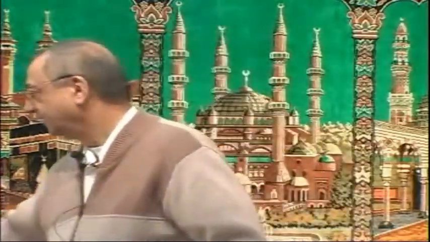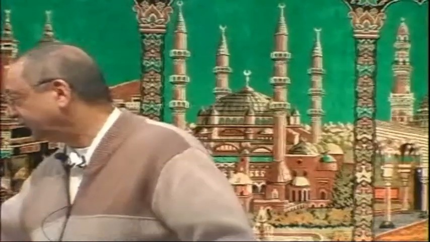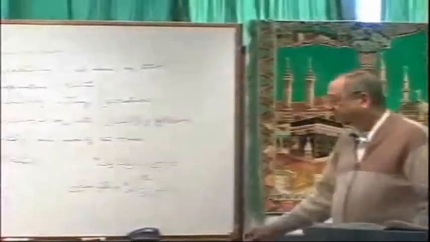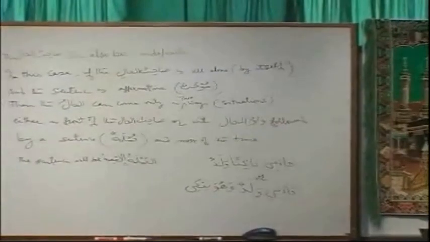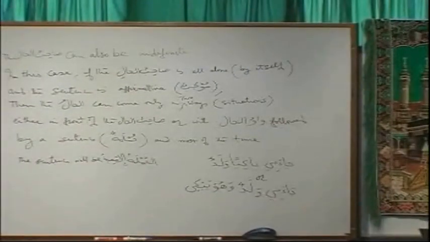Now comes the fourth one. And what is that fourth one, brothers and sisters? Fourth one is this. Ja'ani waladun wa huwa yabki. Waw al-Hal came.